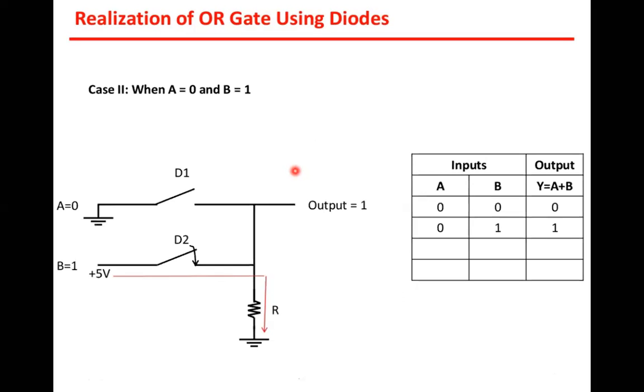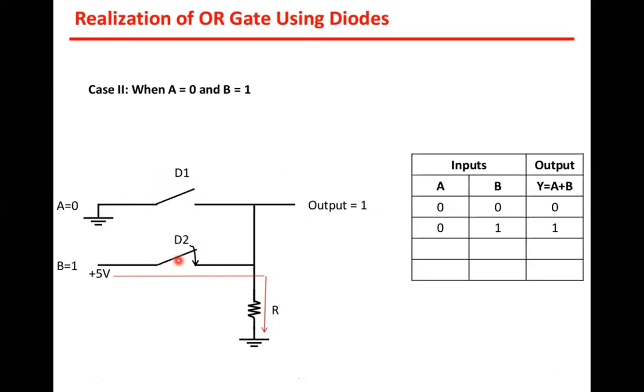When A is equal to 0 and B is equal to 1. Let us understand this. So what is happening? I said when this is 0 and this is 1. 0 in the sense the P type material is connected to negative, so this is reverse bias and this is forward bias. Got it?